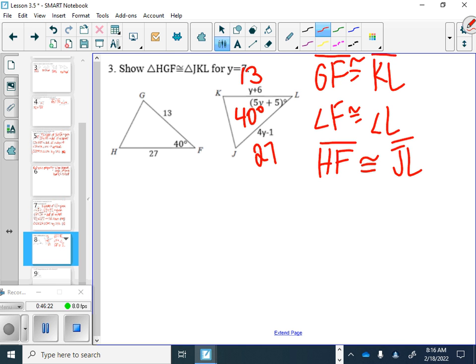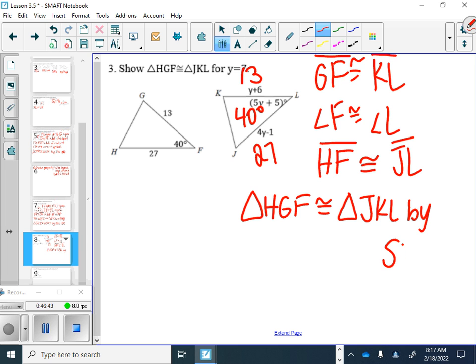So I can say that HGF is congruent to JKL by side, side, side, or side, angle, side? Side, angle, side, since I've got that angle in between. Do I need to explain anything for this one? Not for this one. By plugging in y, that was all I needed to do. You don't have to do any explaining.